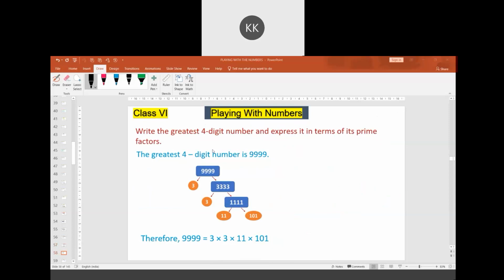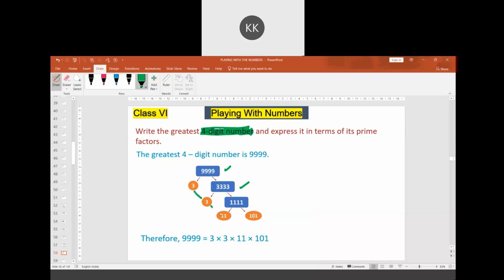Now just look at the number here, a 4-digit number. The greatest 4-digit number is 9999. If we express it as a product of primes, what do we get? 3 multiplied by 3333 is 9999. 3 multiplied by 1111 is 3333. 1111 is the product of 11 and 101.